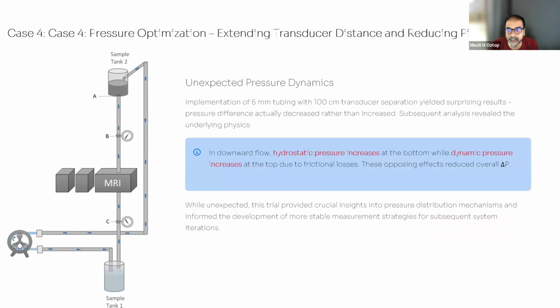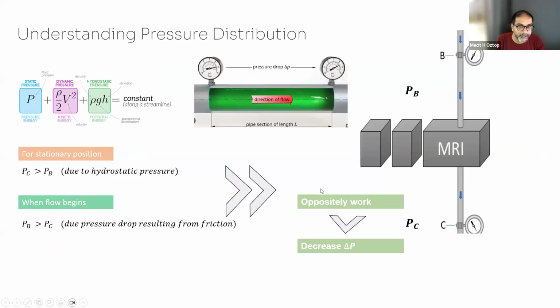We extended transducer distance and reduced the piping diameter. However, in such a case, the hydrostatic pressure increases at the bottom while dynamic pressure increases at the top due to the frictional losses. So we experienced other fluid dynamic problems, and the overall delta P decreased, which is also not the case that we were expecting.